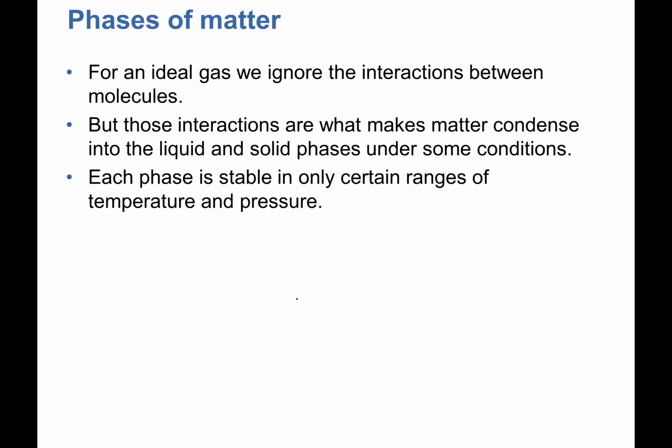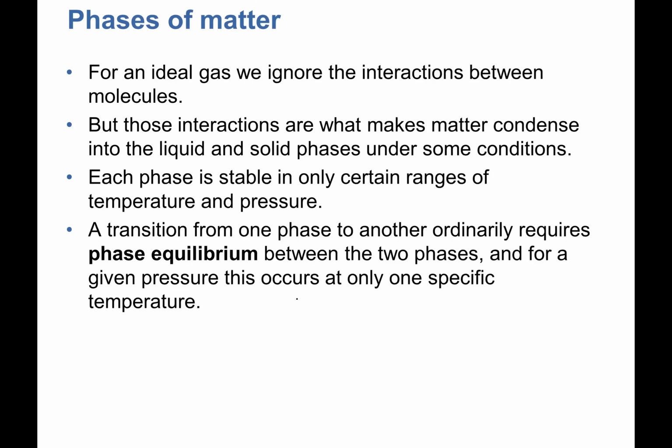So each phase is stable in only certain ranges of temperature and pressure. And the transition from one phase to another ordinarily requires phase equilibrium between the two phases. Remember, when you have an ice cube at -15, you change the temperature until you reach an ice cube at 0 degrees. And then you melt it until you get water.